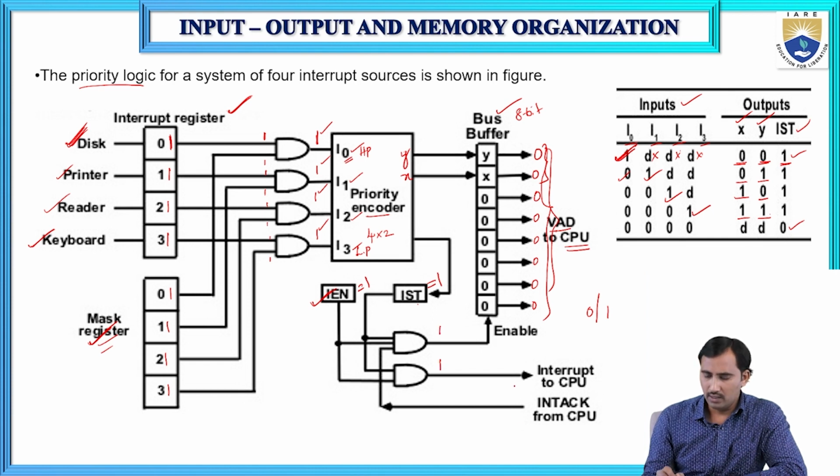Then that generated interrupt will be sent to the CPU, and after receiving it, the CPU will send an interrupt acknowledgement to this interrupt priority logic. So in this way, all the priorities will be serviced by the CPU.